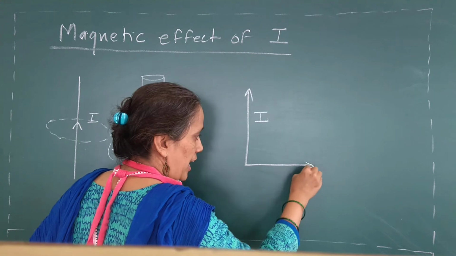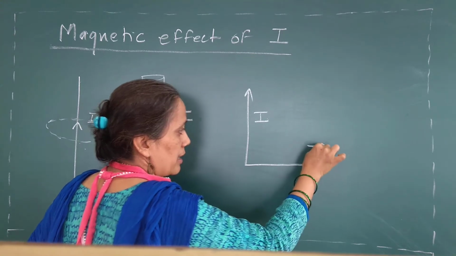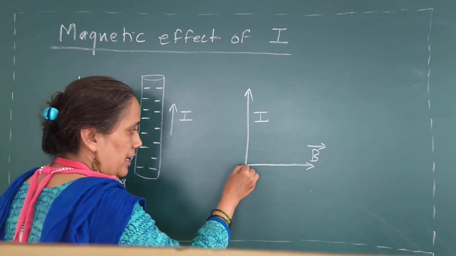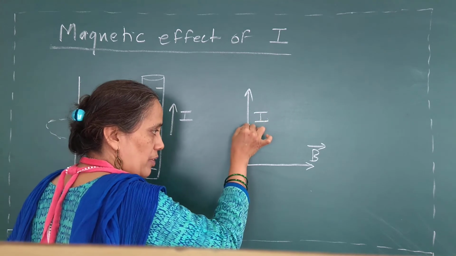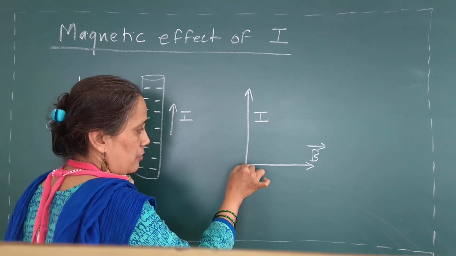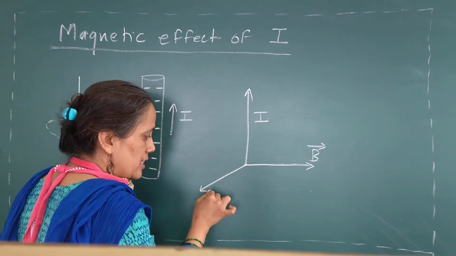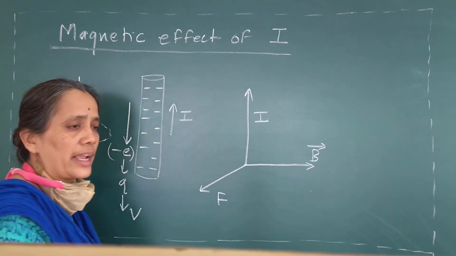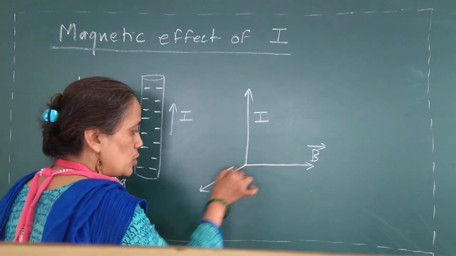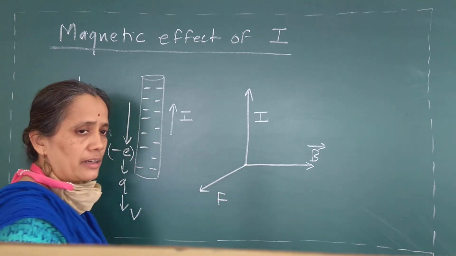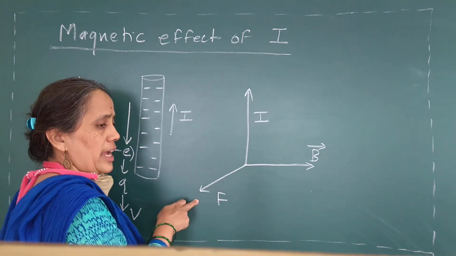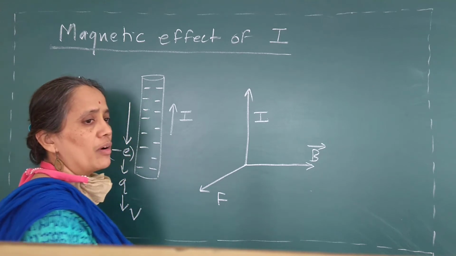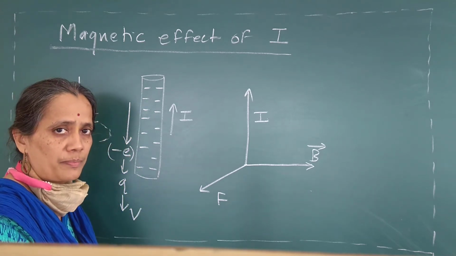I can show the magnetic field going inside the board. Then due to this action of electric current and magnetic field, a force gets exerted which is perpendicular to this axis. That force will be acting on the conductor, and that force acting on the conductor is called the magnetic force.